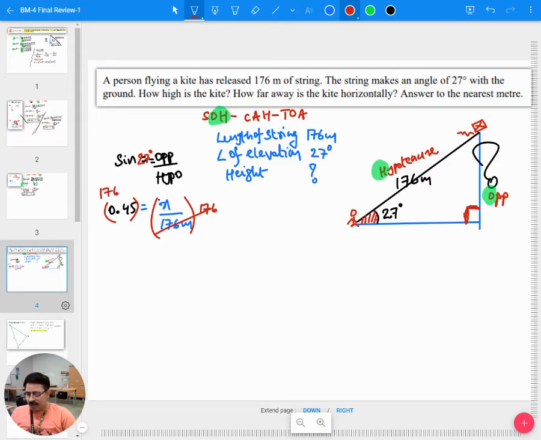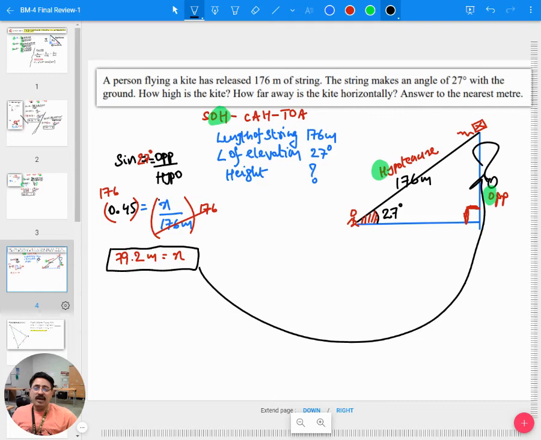So 176 multiplied by 0.45 gives me 79.2 meters. Because we took the height of the kite as x, this gives us the height of the kite, which is 79.2 meters.